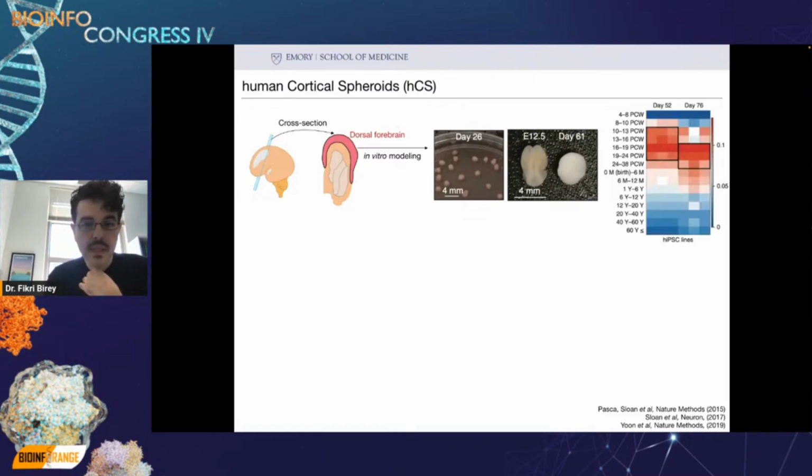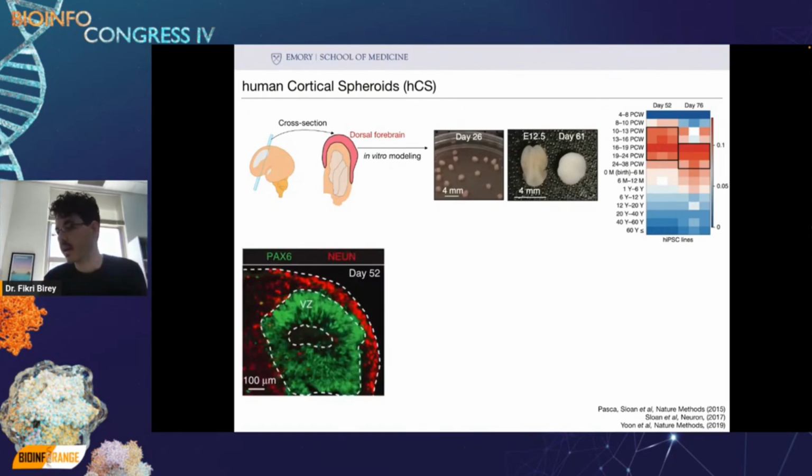And when we mapped them transcriptionally to the primary tissue data sets, they really mapped onto the primary fetal cortex that were around mid to late gestational stages. So that was very encouraging at the time.